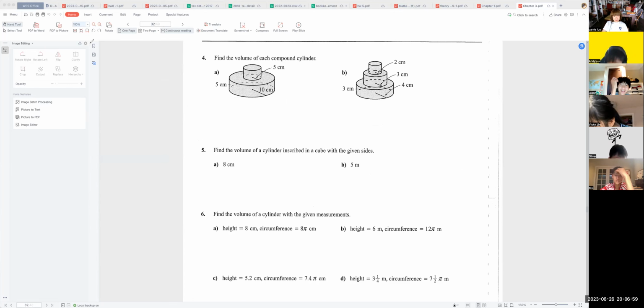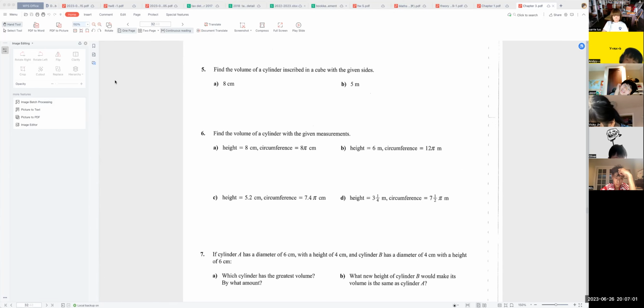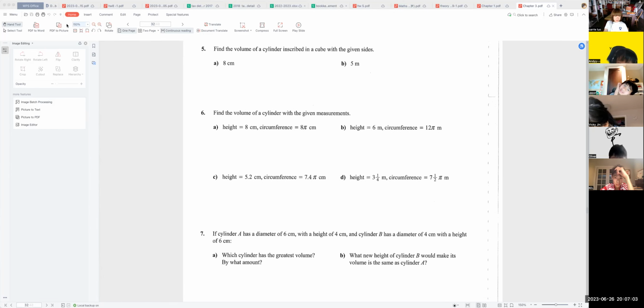Okay, everybody. So now let's take a look at number 6. 我跟你们讲，你们在做这个题目的时候，最怕就是全部都是没有图像的，就只有文字。Okay, so height is 8 centimeter, circumference is 8 pi centimeter.